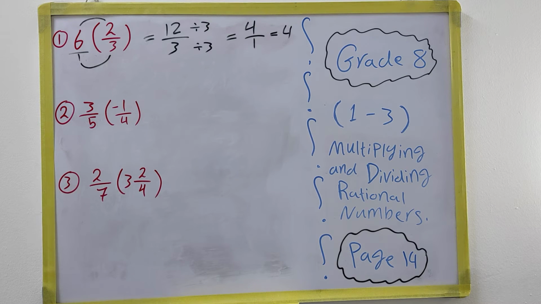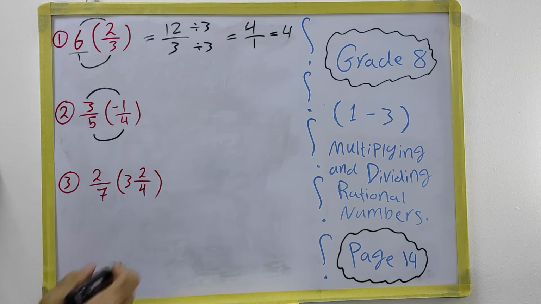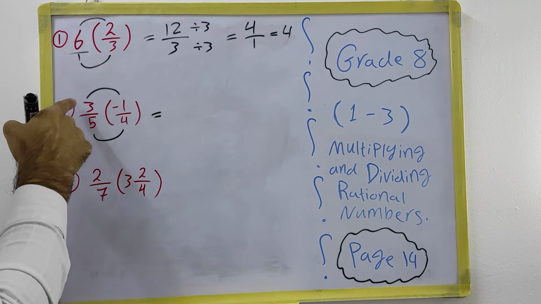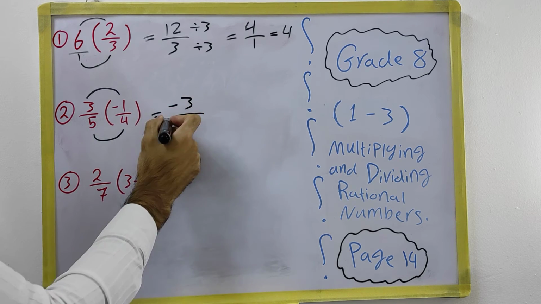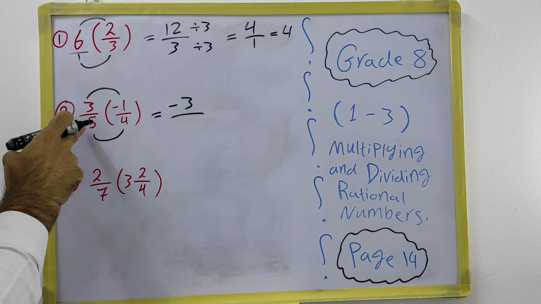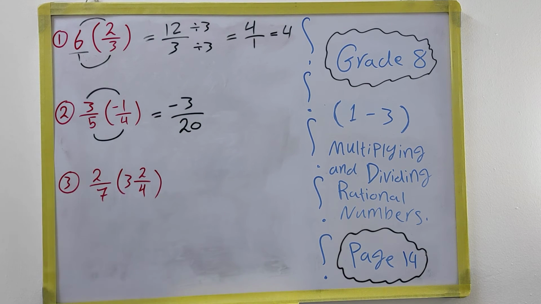Then after that we have another fraction, which is 2 over 5 multiplied by negative 1 over 4. Always in multiply, numerator multiply numerator, denominator multiply denominator. The result equals positive 3 multiply negative 1, negative 3, over 5 multiplied by 4, 20.